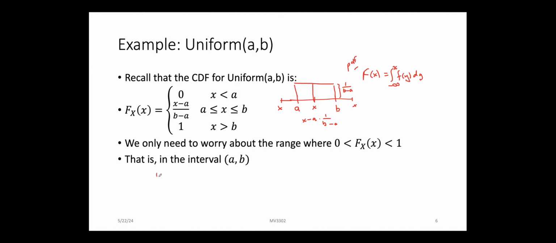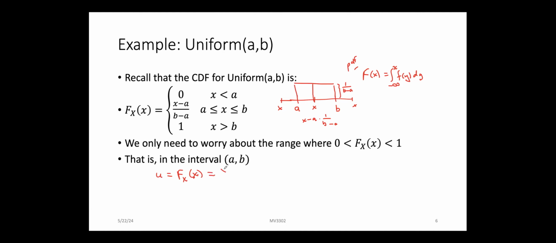Well, we choose some value u. I'm using u instead of y just for reasons that should be clear. And we set that equal to our function. And then we solve for x.